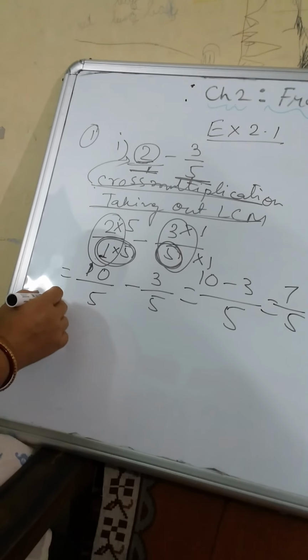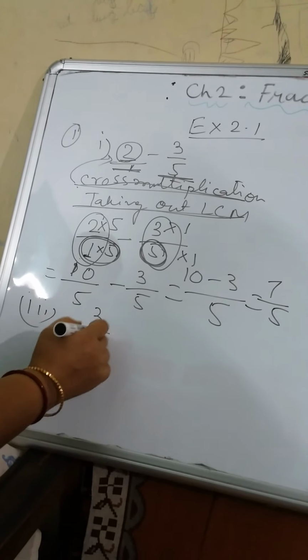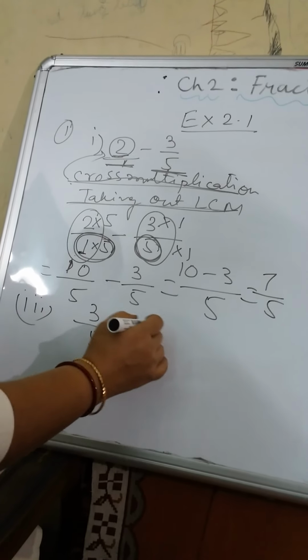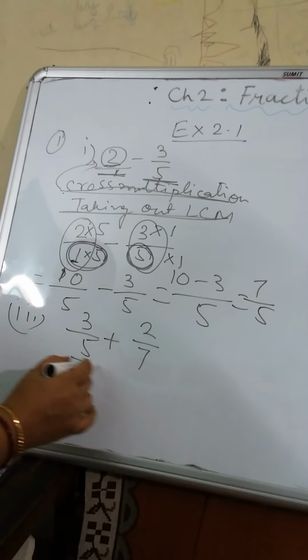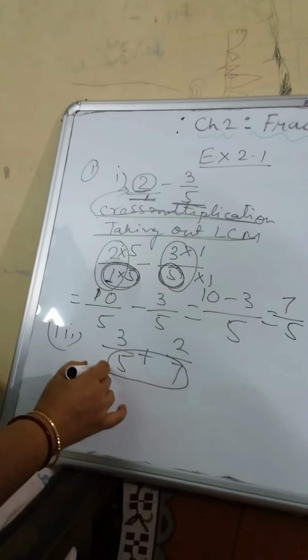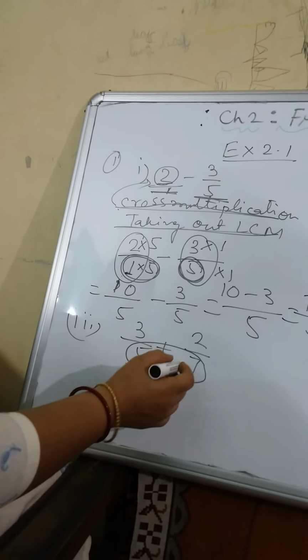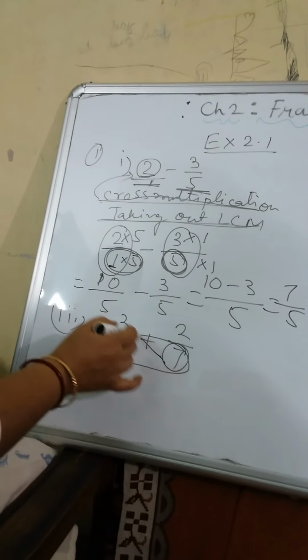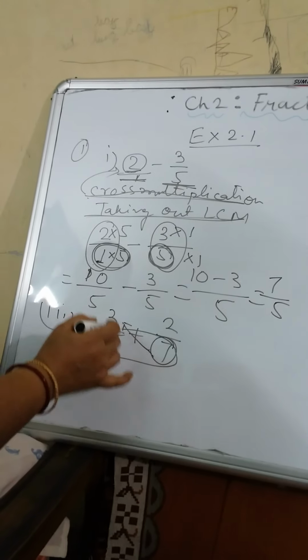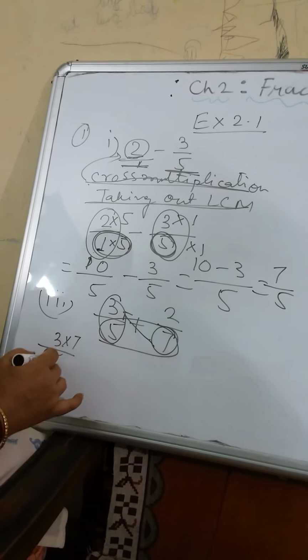So let's consider question number 3. It is 3 by 5 plus 2 by 7. So you have to make the like fraction. You can do it by cross multiplication. So this 3 by 5 should be multiplied by 7.